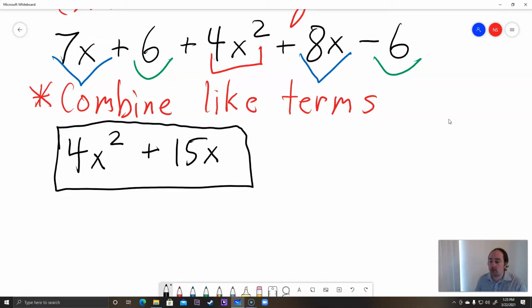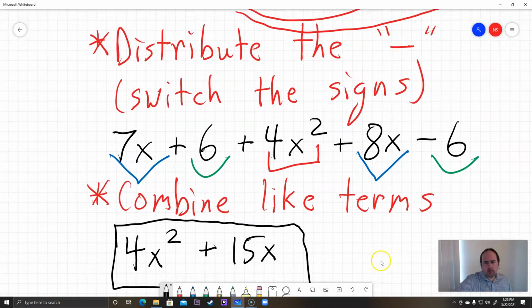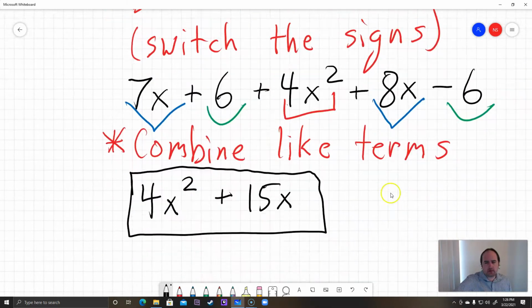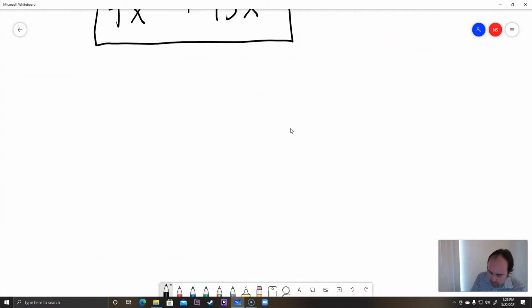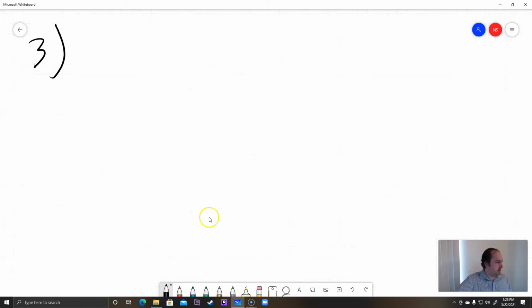Okay, so I want to do one more example. These don't get too difficult for the most part in your homework, so hopefully you won't struggle with them too much. But for my third example, I wanted to do a little bit harder one.